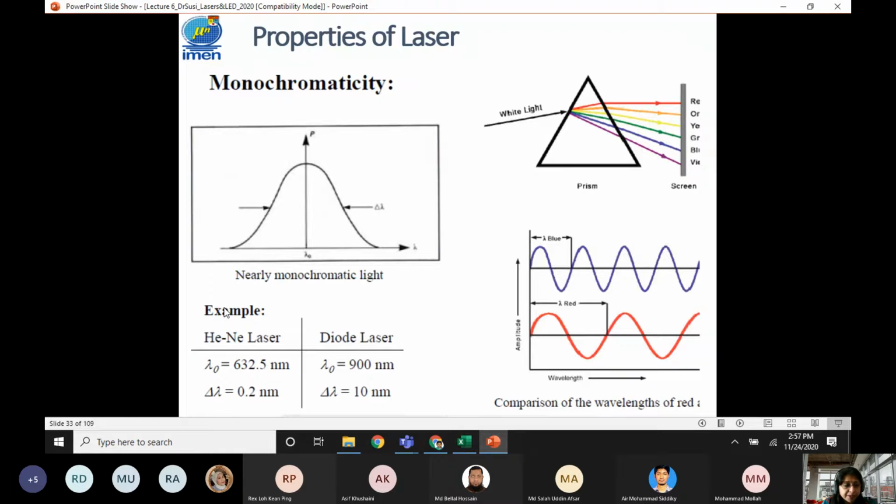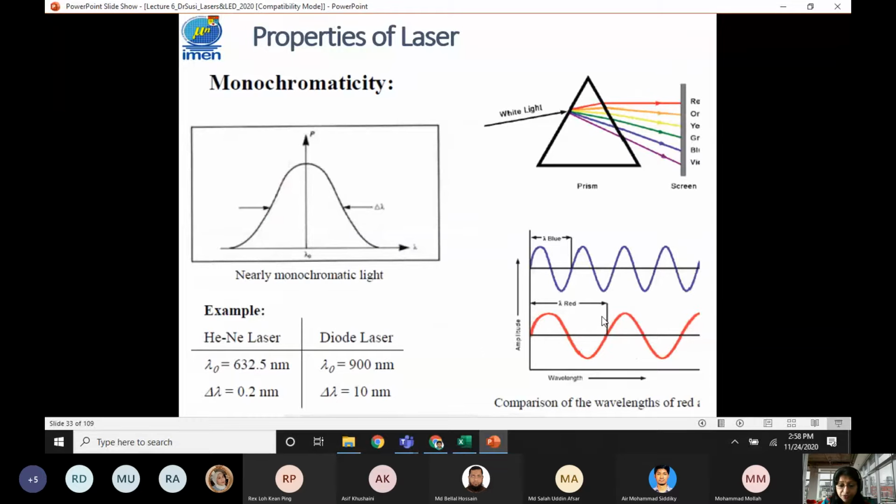For example, you have a helium neon laser. The wavelength is 632.5 nanometers, and it can differ by about 0.2 nanometers only. Not much difference in the wavelength. It's monochromatic. You can see that the beam is almost Gaussian in nature.